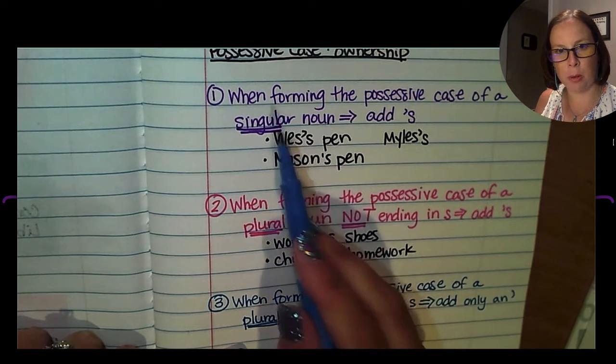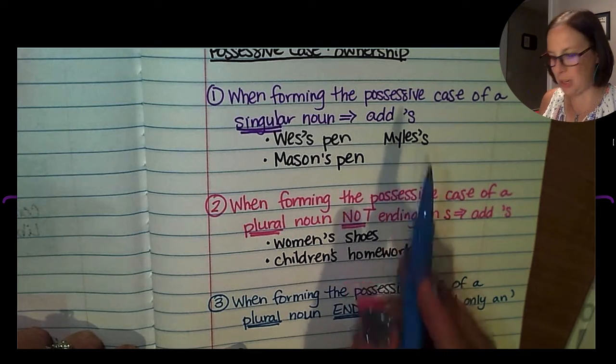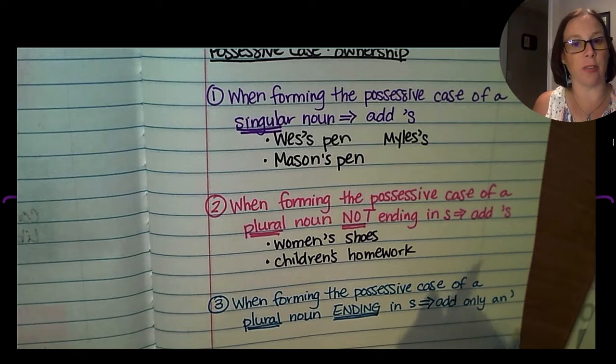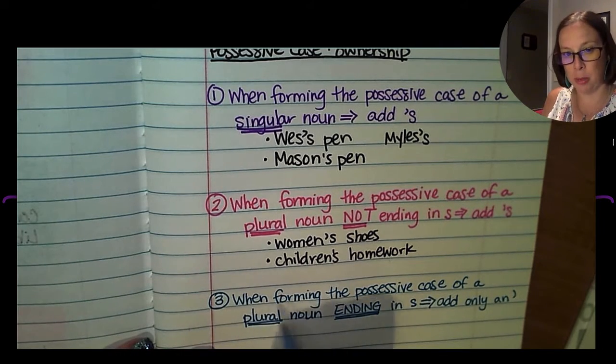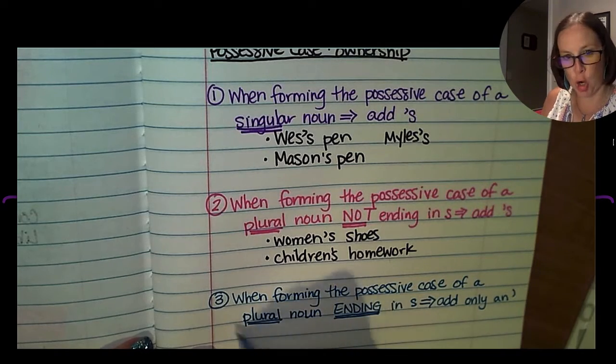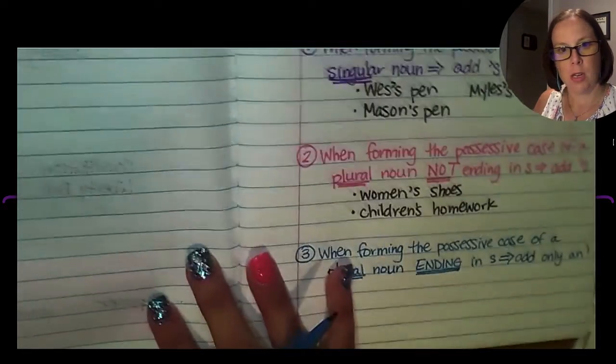That's why a lot of people will take words like Wes and Miles and just add an apostrophe because they think that all words ending in S get just an apostrophe. That is not the case. It has to be plural for it to only get an apostrophe. Plural, just an apostrophe.